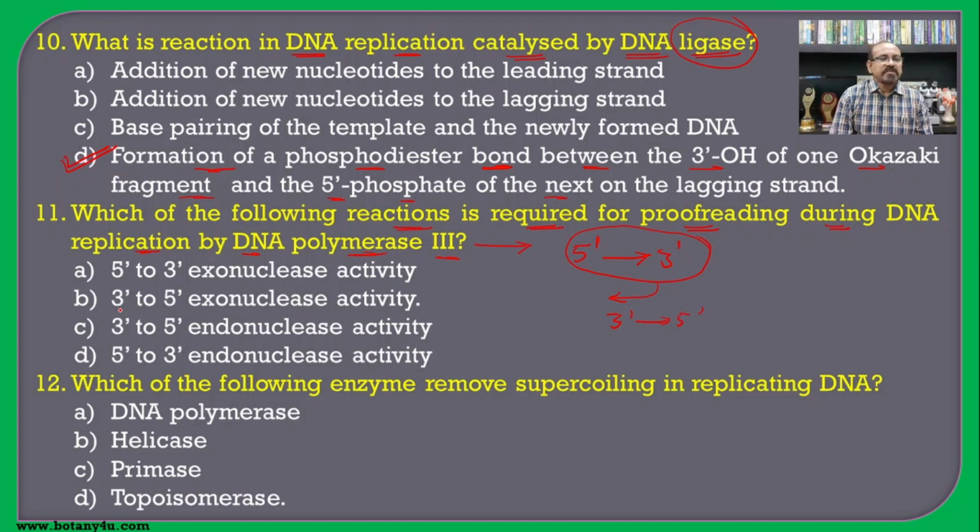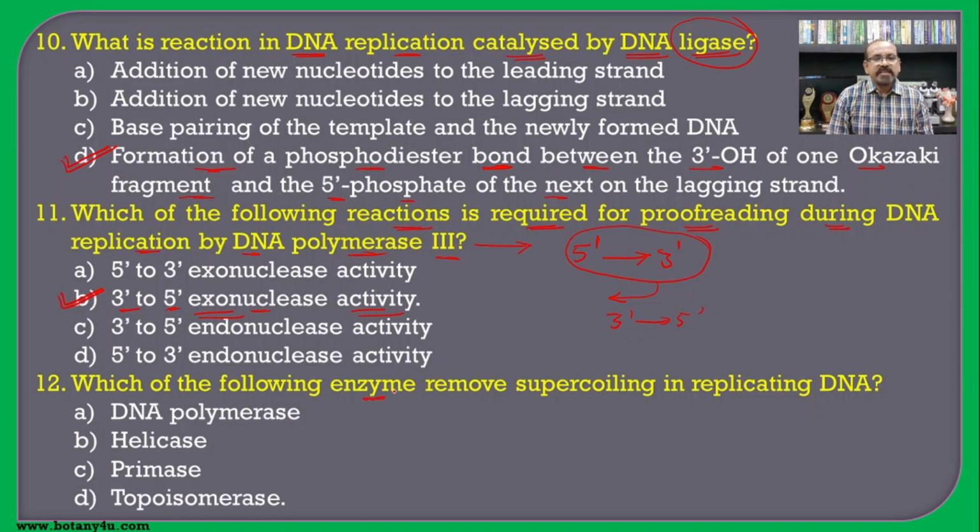The 3' to 5' exonuclease activity removes a mismatched or mispaired nitrogen base during DNA replication, and hence B is the correct answer.